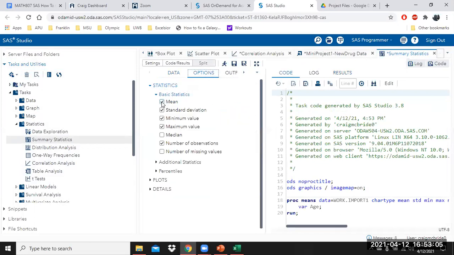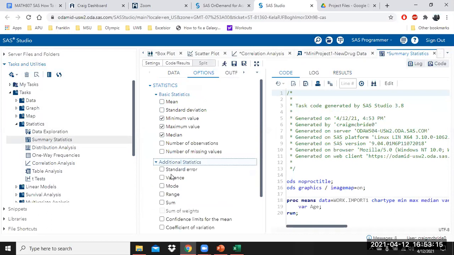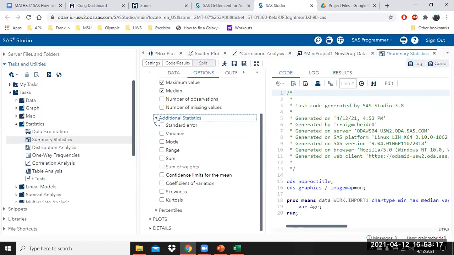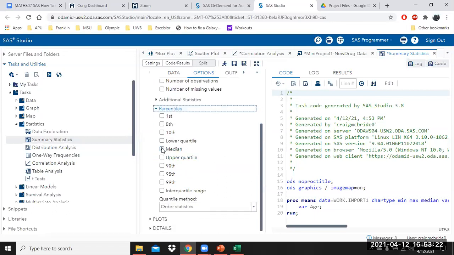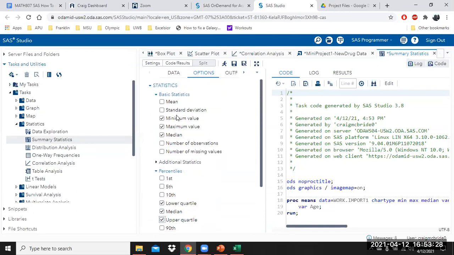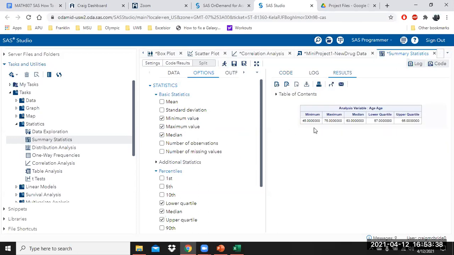If it just wants the 5 number summary, you want min, max, median, and then under percentiles, you've got lower quartile and upper quartile. Those will be your 5 numbers. You can see there it lists them all out. If you run that, there's your 5 number summary. There's your min, your max, your median, your lower, and your upper.